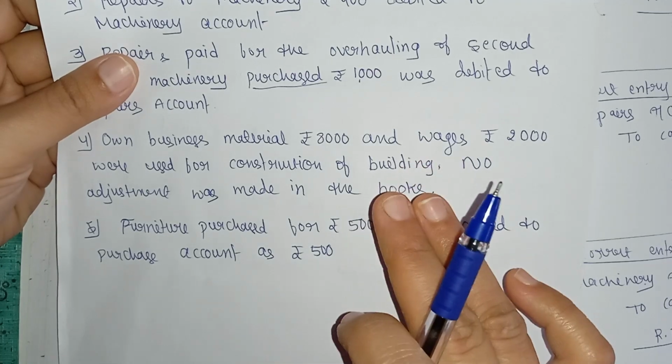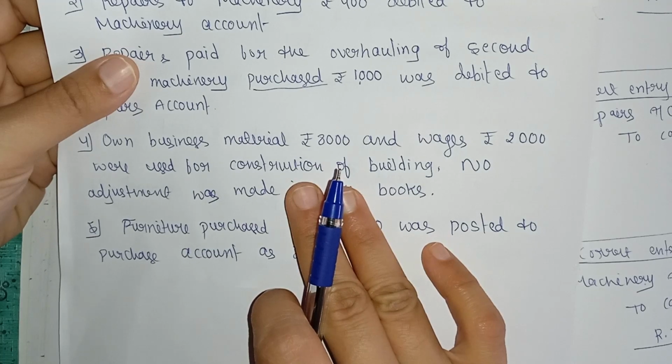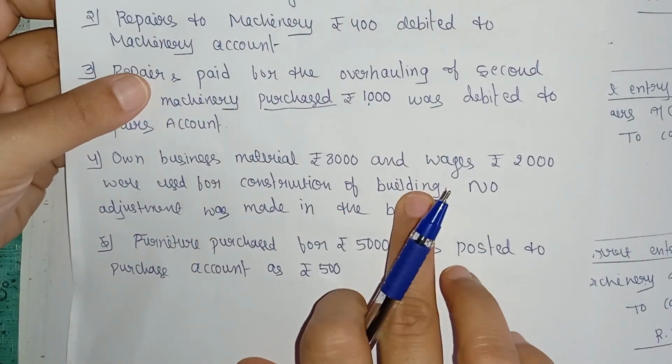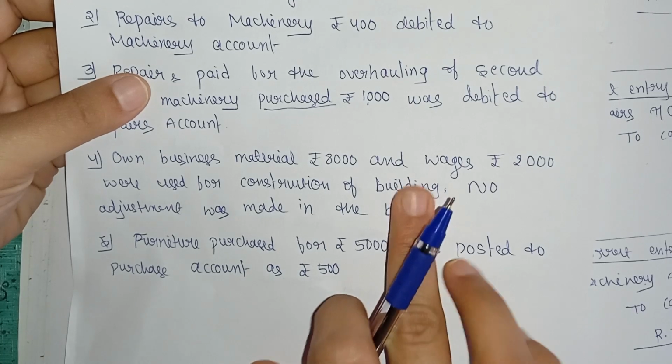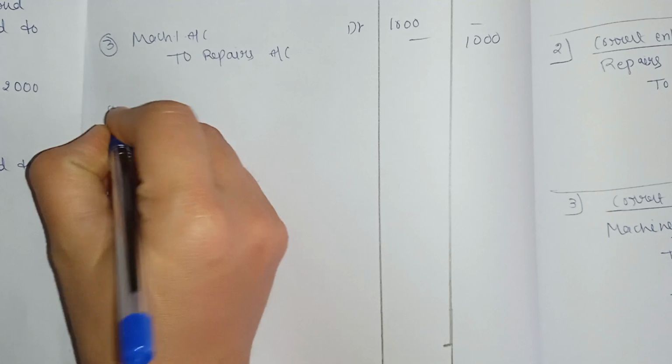Means we have to rectify this by transferring the amounts from the purchases of material and wages account to the building account. Fine. So what is the journal entry here?